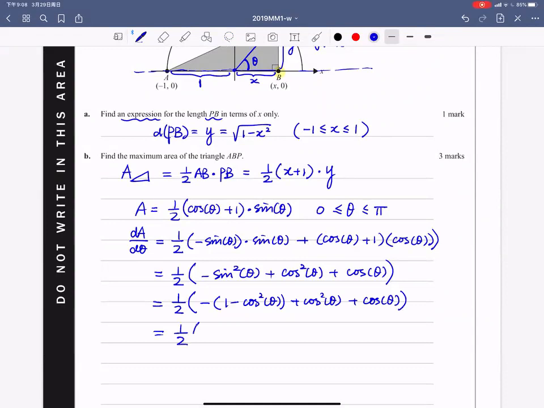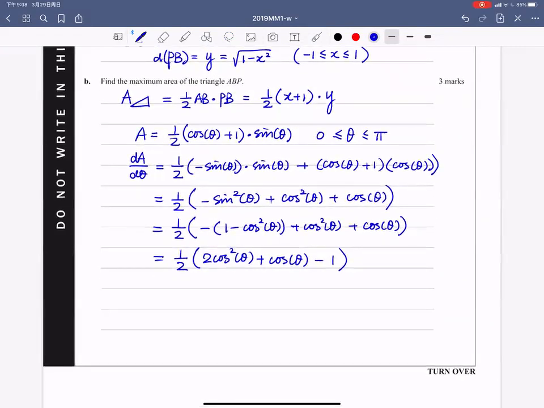Therefore, I end up with half, 2 cos square theta plus cos theta minus 1. Okay, now with this expression here, the purpose of dA d theta is to be equated to 0 for maximum or minimum.